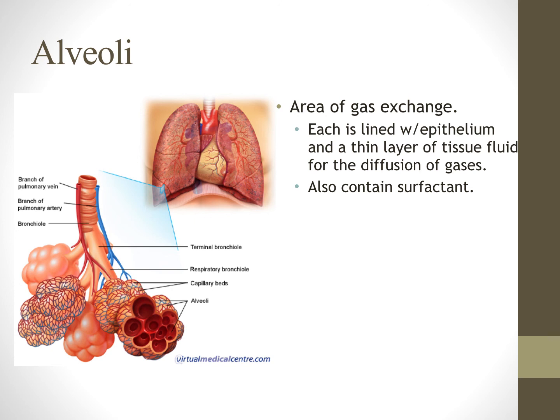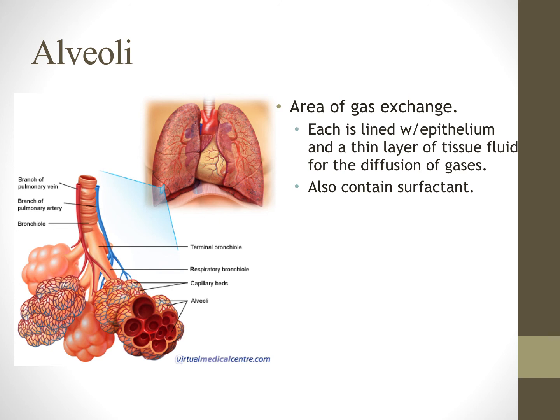So just like we saw a nice area of fluid around the heart so it could beat continuously throughout our lives, we're going to see that tissue fluid around your alveolar sacs so they can continue to inflate and deflate throughout our lives. That fluid is known as surfactant. It will cover the surface.